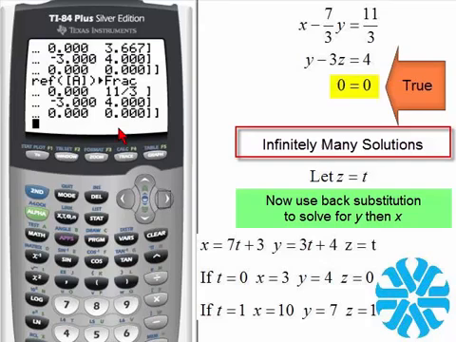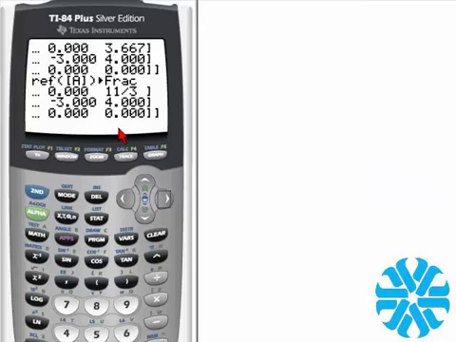If we let t equal 1, then x equals 10, y equals 7, and z equals 1. And you can keep putting in values for t. Negative 5, negative 3, negative 1.4, negative 2/3. It doesn't matter what value you put in. All these values will work because there are infinitely many solutions for this particular system of equations.